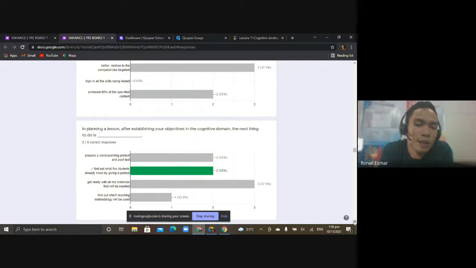So what's the next thing that we should be considering after we establish our objectives in the cognitive domain? Is it to prepare a corresponding pre-test and post-test after establishing our objectives?